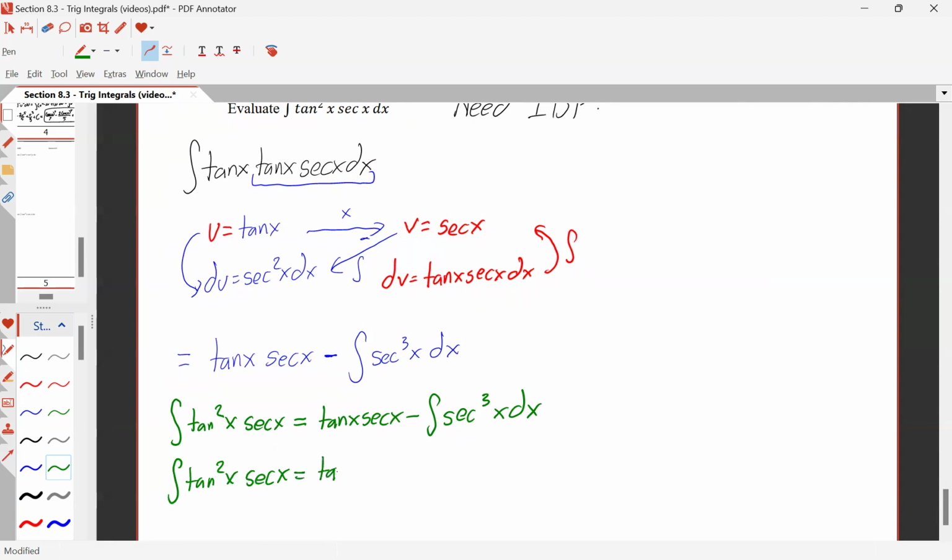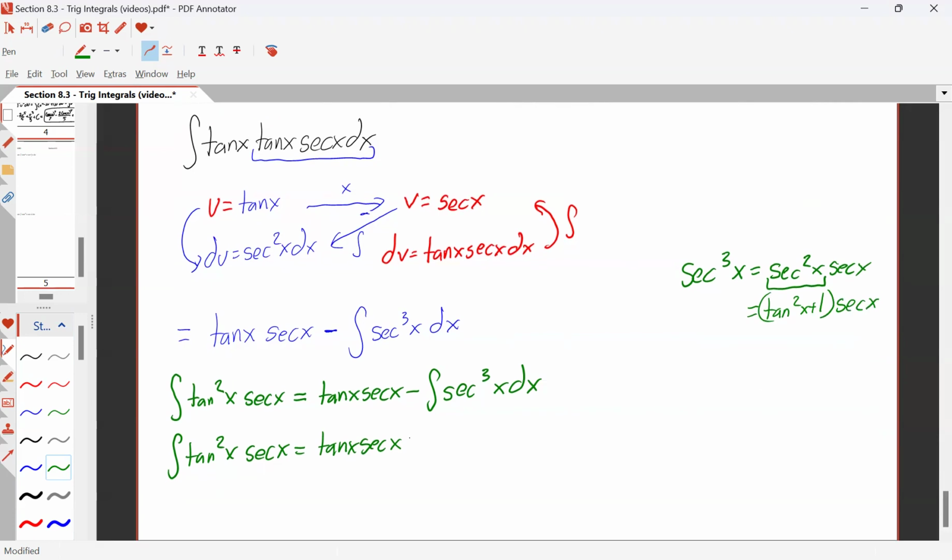Using a Pythagorean identity again, we actually know that secant cubed x is equal to, obviously, secant squared x times secant x. And secant squared x is tangent squared plus 1. Why we're using that, that will rewrite this integral as tangent squared x plus 1 times secant x.